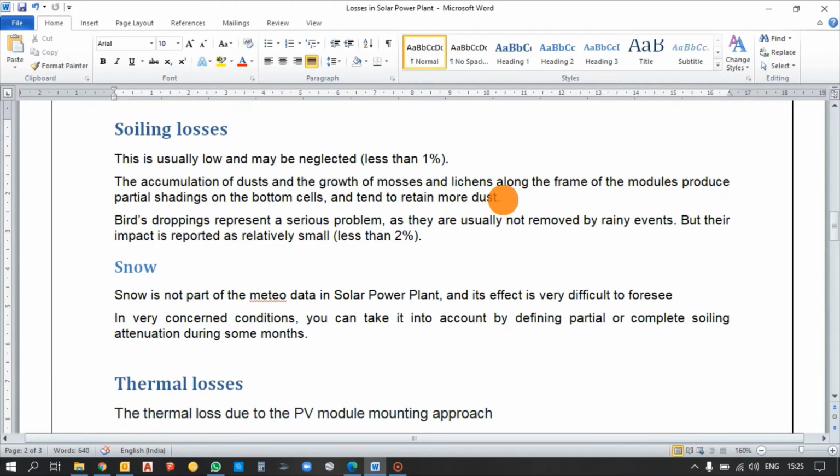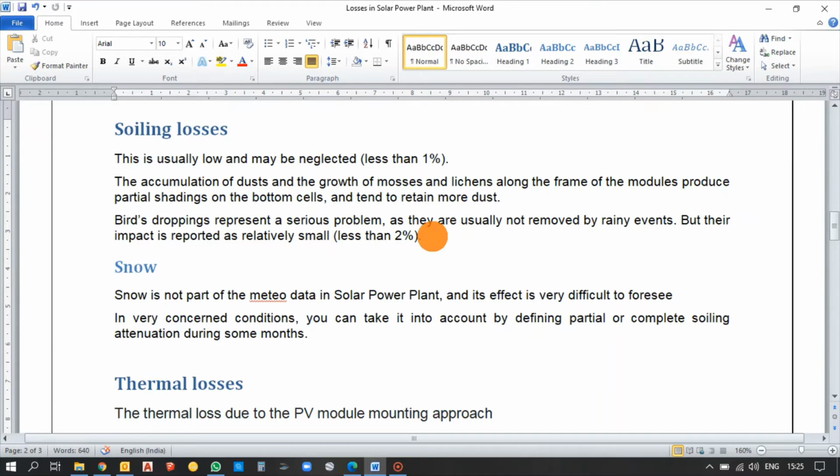It will be less than 1%, and with bird droppings it mainly causes losses in modules which will be less than 2%. So regular cleaning of modules is quite important to avoid the soiling losses. It is negligible only, but regular cleaning is important for the module's best operation.